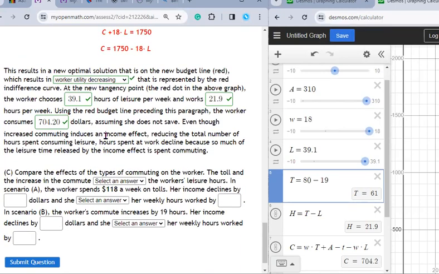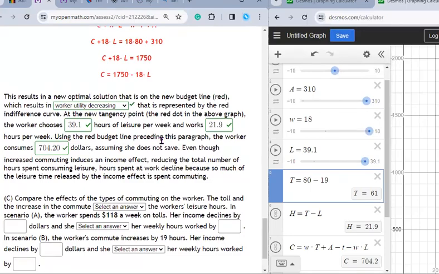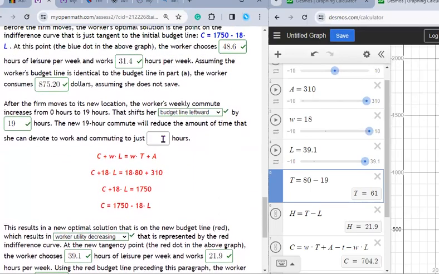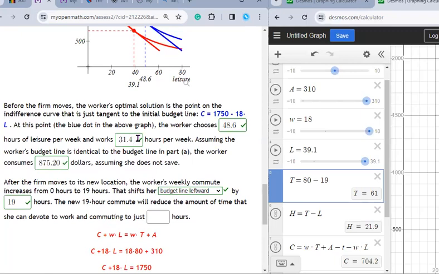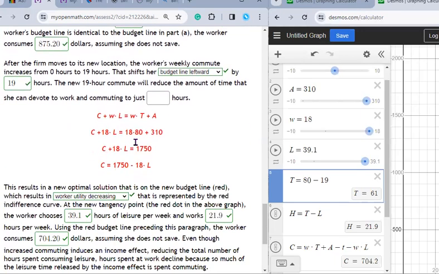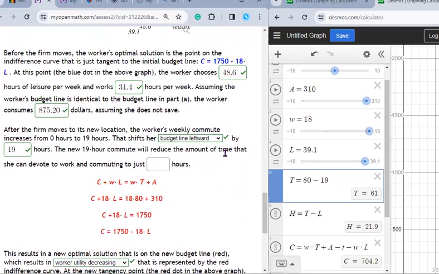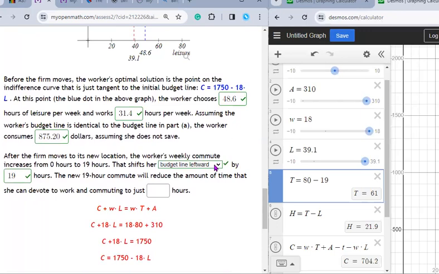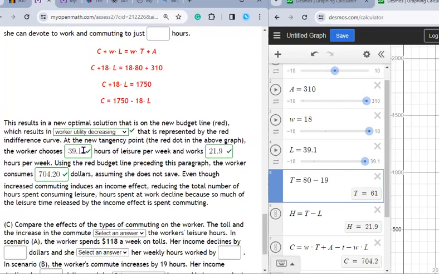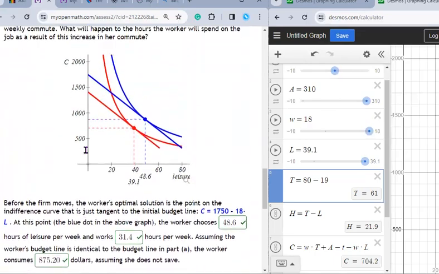Okay, so her hours worked actually went down, right? So her hours worked were 31.4, and now it's only 21.9. Her leisure went from 48.6 down to 39.1. So both her leisure and her hours worked declined.